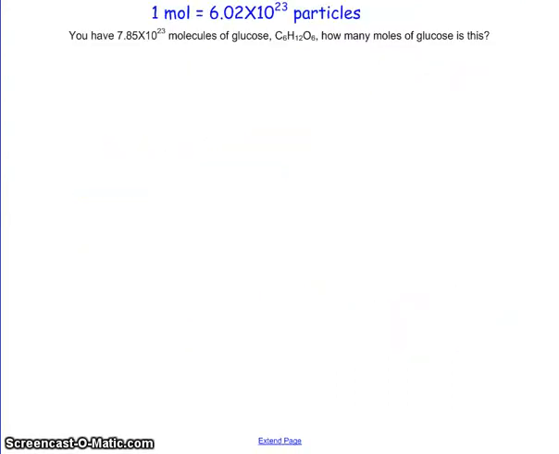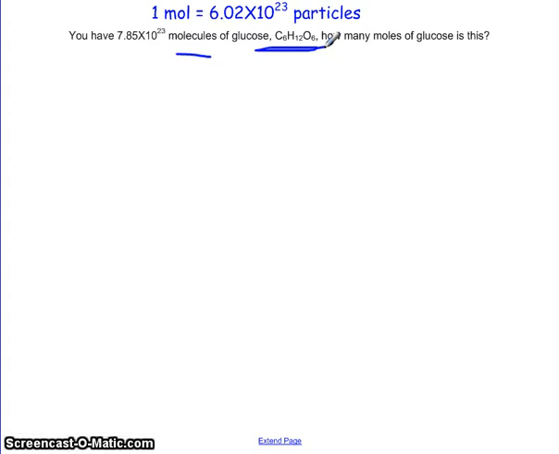Alright, next problem. If we have 7.85 times 10 to the 23rd molecules of glucose, which is C6H12O6, how many moles of glucose is this? Notice this time we have molecules instead of atoms. That's because glucose is a covalent compound, whereas copper was an element by itself.